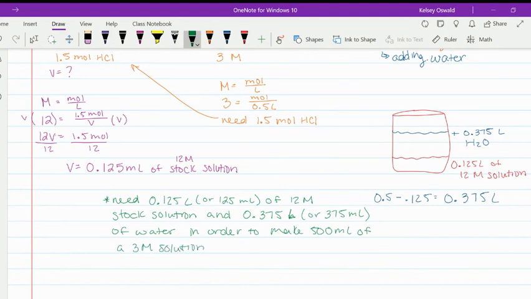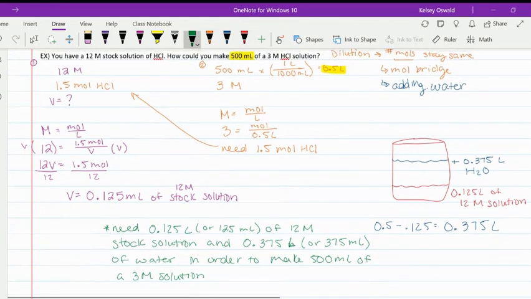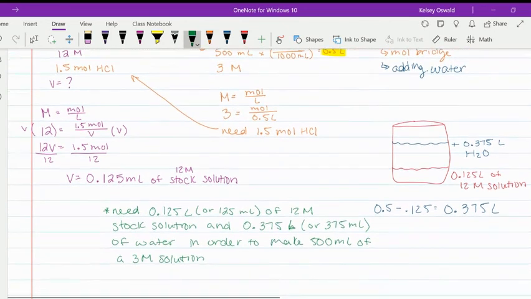So we need both these parts in our answer when we're describing how we can make a solution. We need what volume of the stock solution we need and what volume of water we're going to need to add to dilute it to the desired concentration.